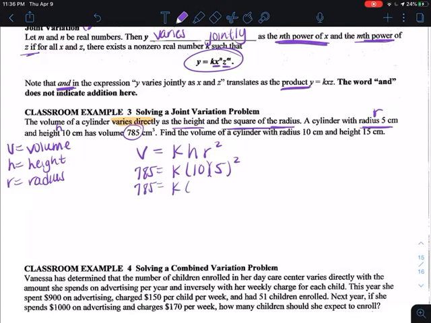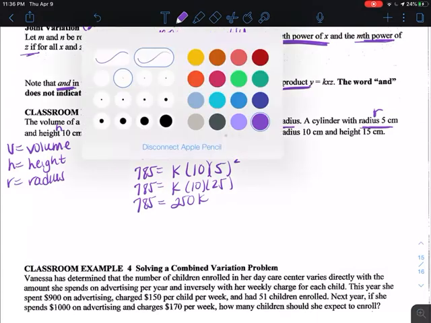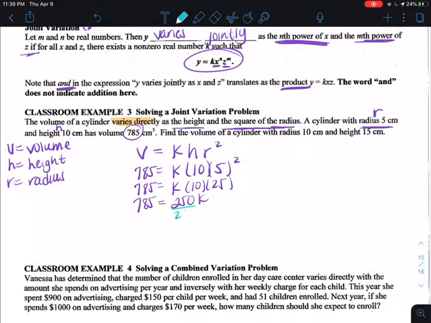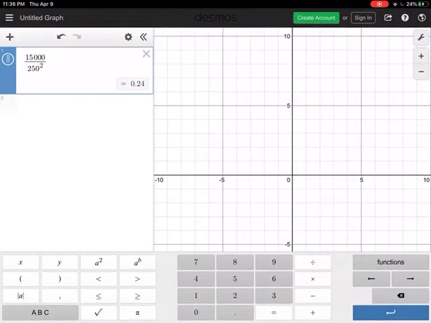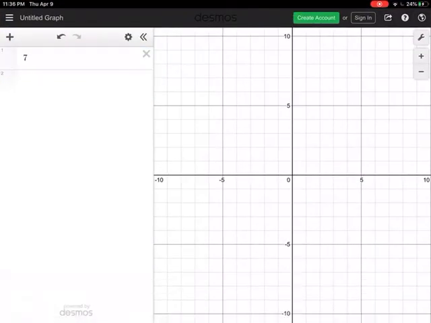So this is 785 equals k times 10 times 25, which is 250k. And then I'm going to divide both sides by 250 to get k. So I'm going to put this into decimal. 785 divided by 250.